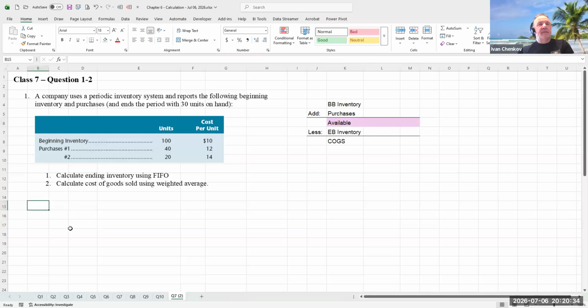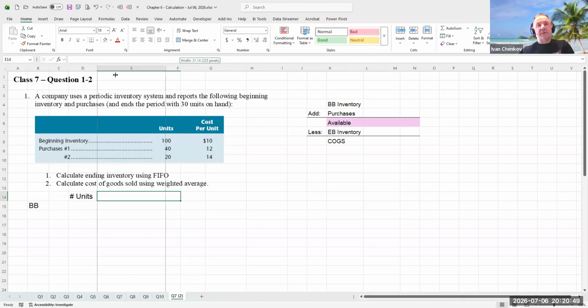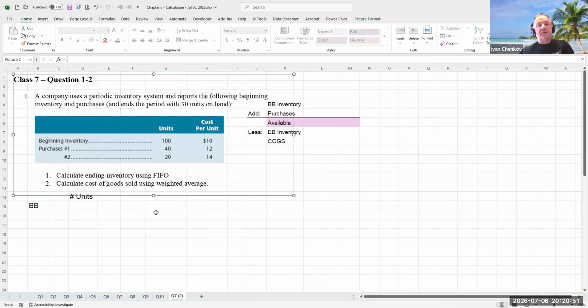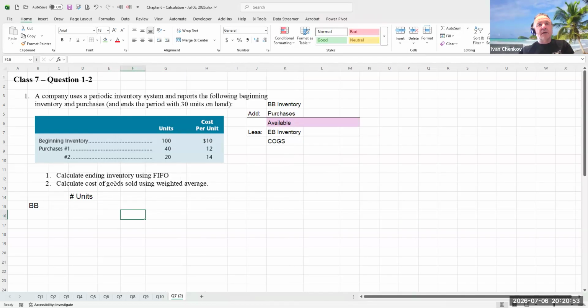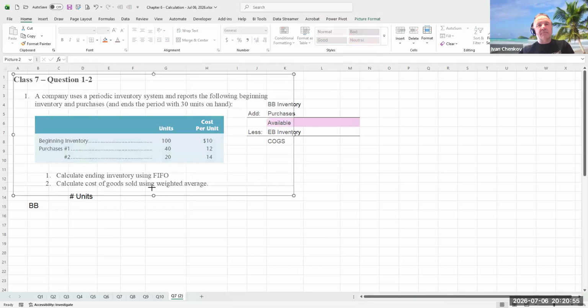So let's go. First, what do we know? We know the beginning balance, which is expressed as a number of units and cost per unit. As we can see, we have two things, number of units and cost per unit.